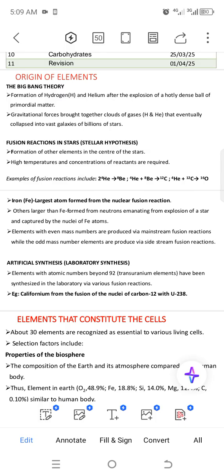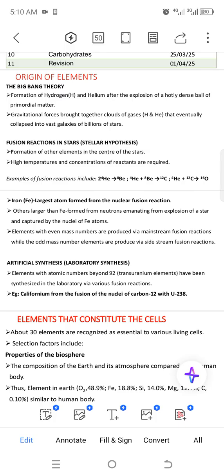We'll be looking at three main types of events that led to the production of elements. So the first one that we'll be talking about is the Big Bang theory.